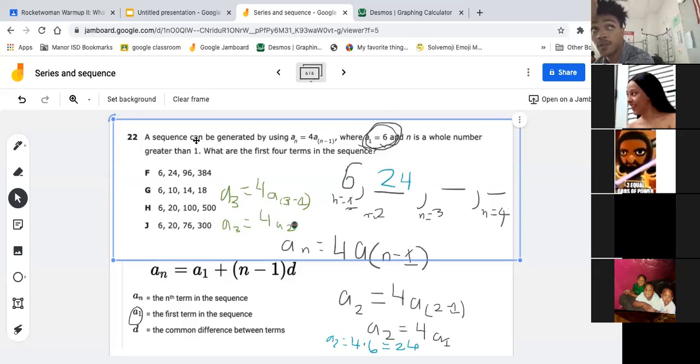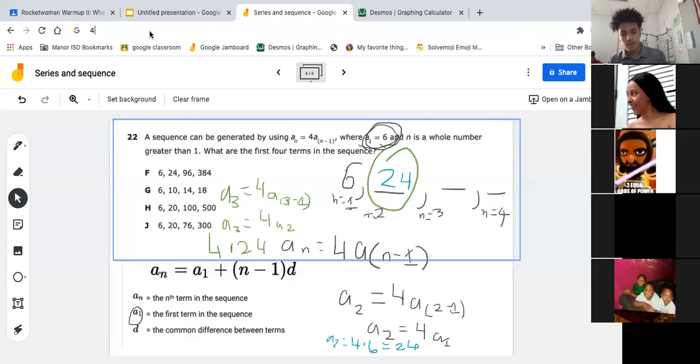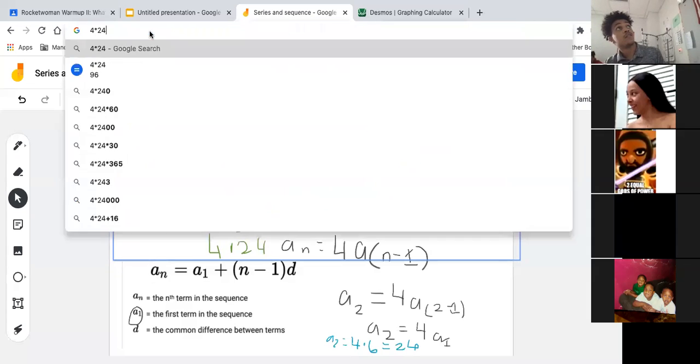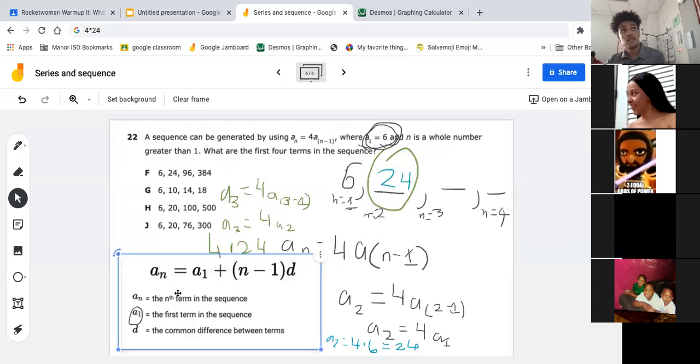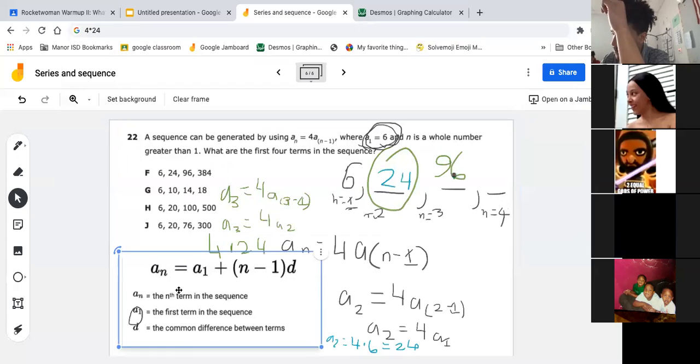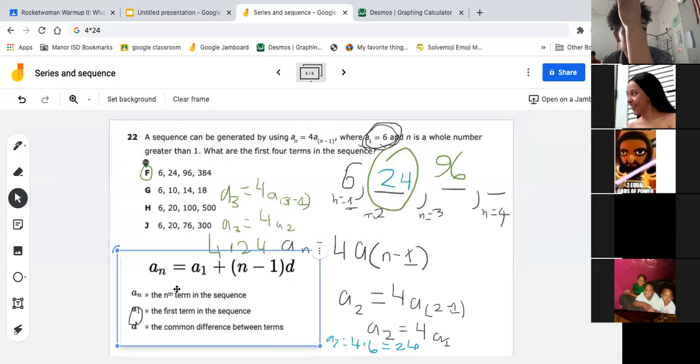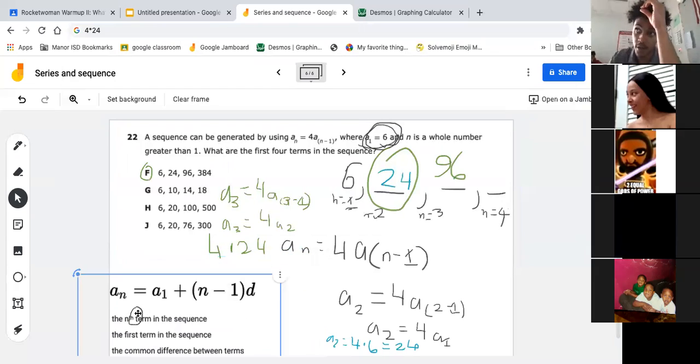So the third term is 4 times the second term. The second term was 24, remember? So the third term in our sequence is 4 times 24. So 4 times 24 equals 96. So you can start to see our answer here. The only answer choice that matches is F. I'm not going to bother with the fourth term, but our answer choice is F on this one.